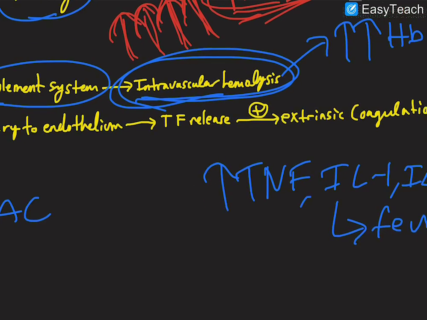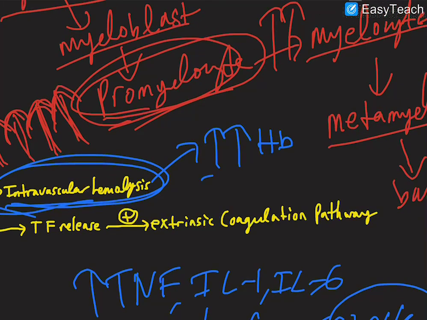But remember, this massive release of free hemoglobin due to massive intravascular hemolysis is directly damaging to your endothelium. Remember, when your endothelium is damaged, what does it release? Factor 3, tissue factor, thromboplastin, right? And then from there, we know what happens. We get activation of the extrinsic pathway, leads to the formation of thrombin and fibrin, right?